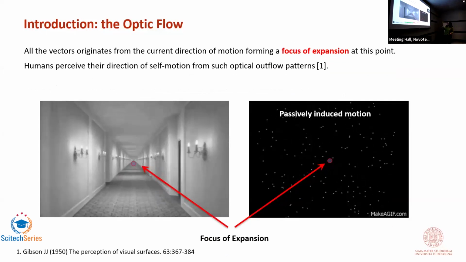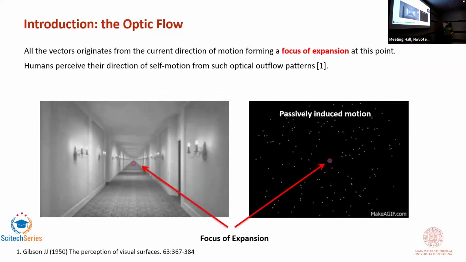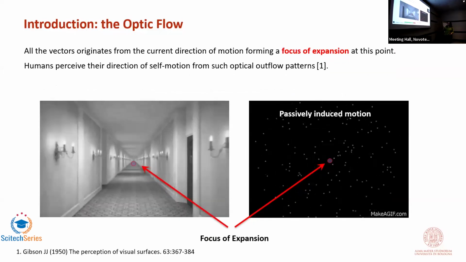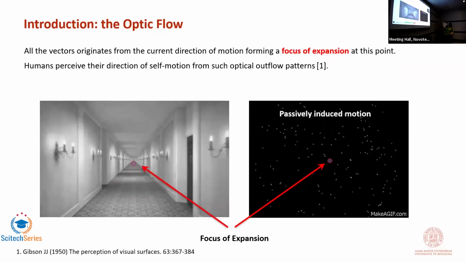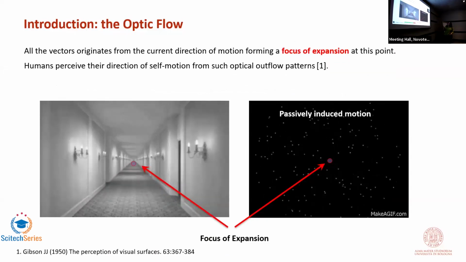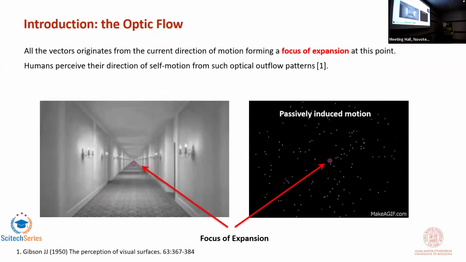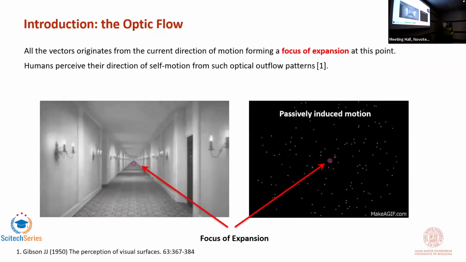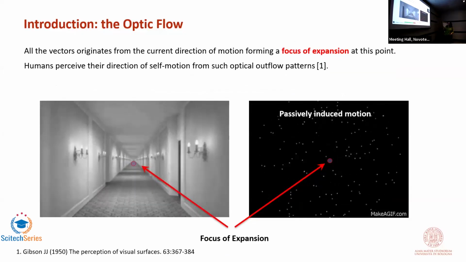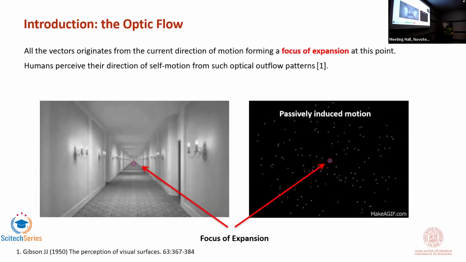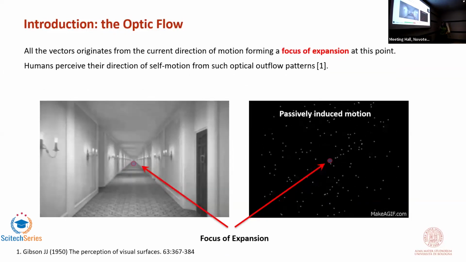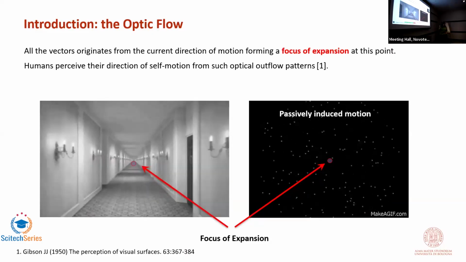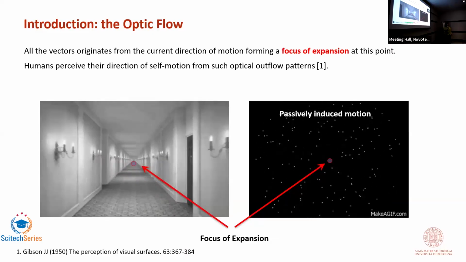So, an important concept when we talk about optic flow and psychophysical studies is this point, which is the focus of expansion. The focus of expansion is the specific point that originates motion. Here, you see two cases. And the focus of expansion is like this only when we fixate the final destination of our motion.